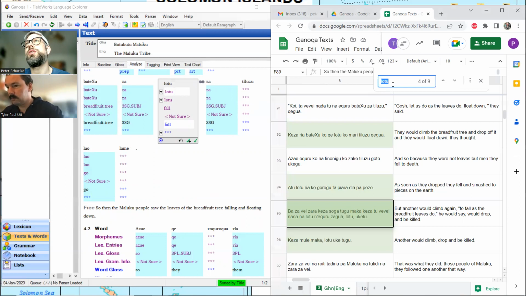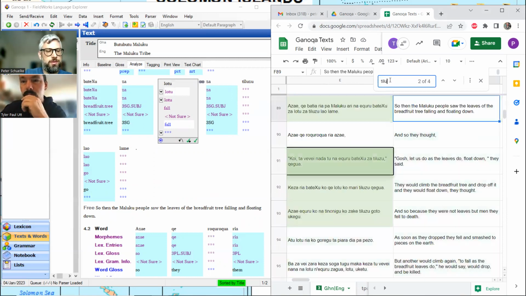I'll do a quick search. We don't have to look at every example. Tiluzu. There they are. They're all four in that one stretch. Let us do as the leaves do. Float down. Now look at this. We get Nanda instead of Nana. Oh, cool. Nanda might be another plural version of Nana, because we've got a different version of Veve there.